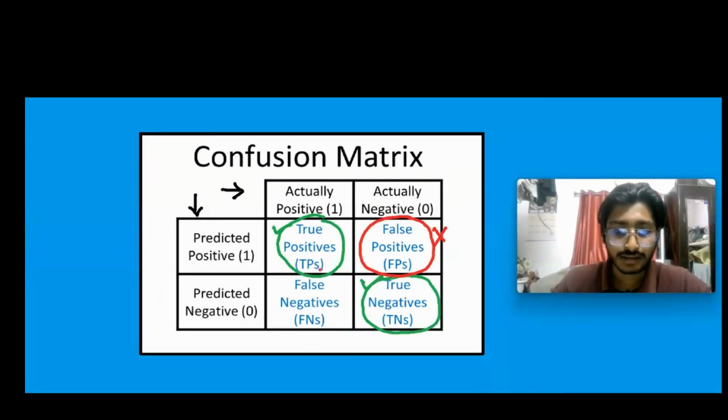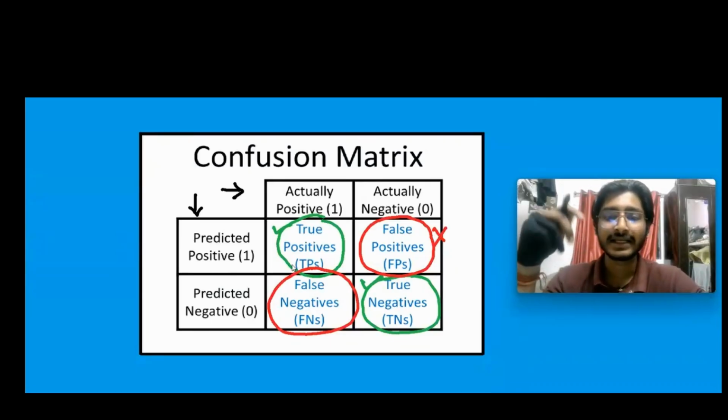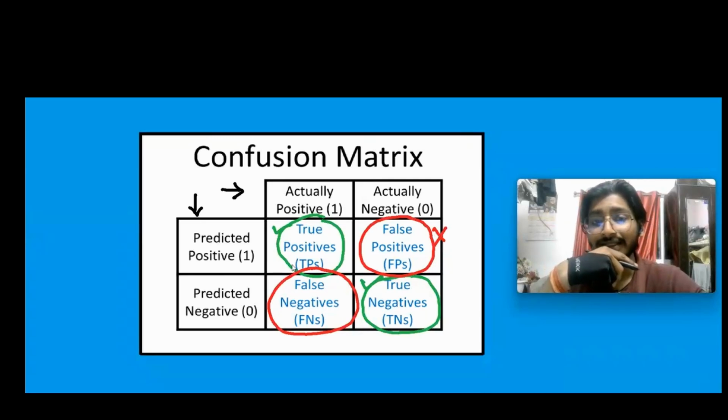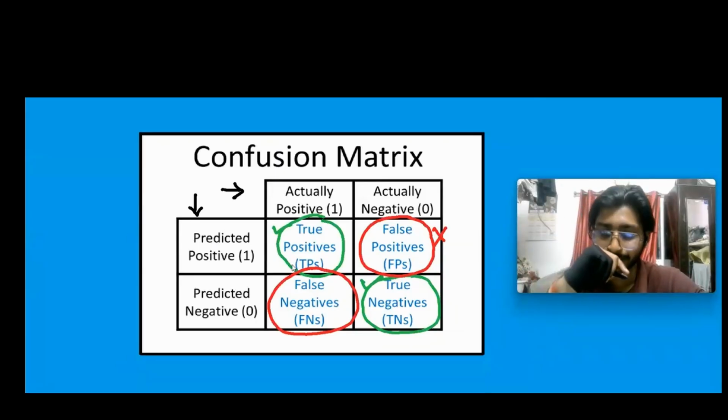Now move towards the false negative. Suppose the email is actually spam, but the model predicts it's not spam. Then it is called a false negative.